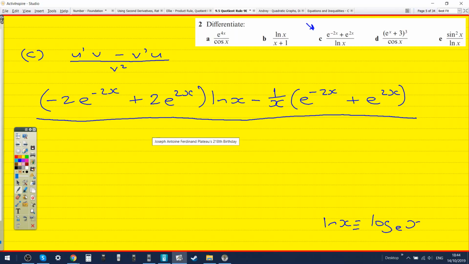They're just powers written a different way.